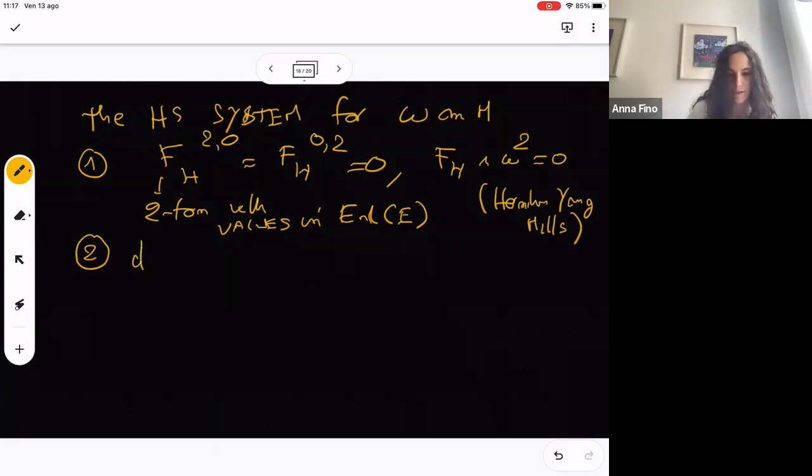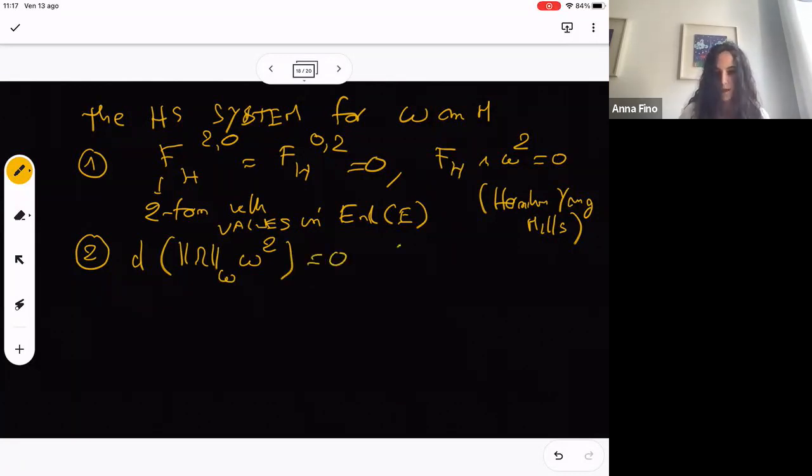Omega itself is not balanced, but if you multiply omega squared with the norm of your (3,0)-form with respect to omega, this is closed. That means that omega is globally conformally balanced.